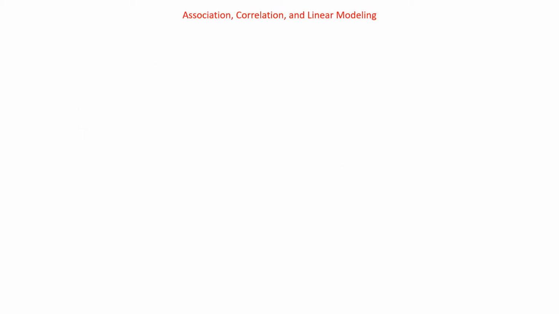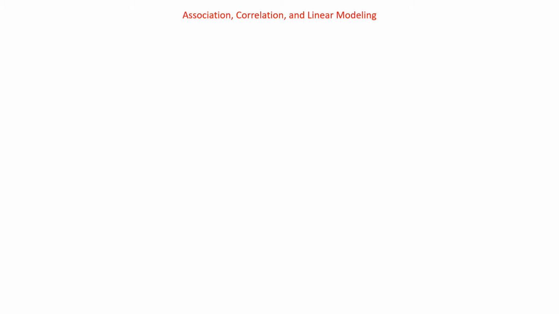Association, correlation, and linear modeling. This is something you'll see for a little bit too, because this is what my statistics class is doing right now. So, association, this is all from a scatter plot. We have x and y points, we plot them in dots, and we get a scatter plot.